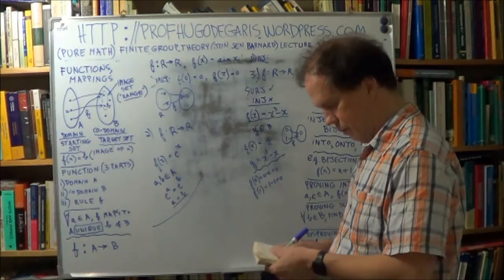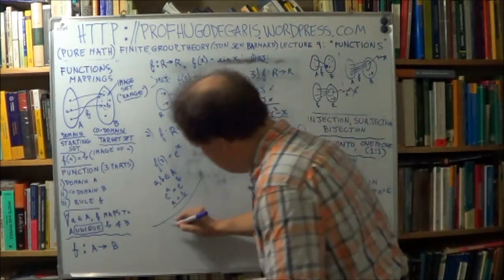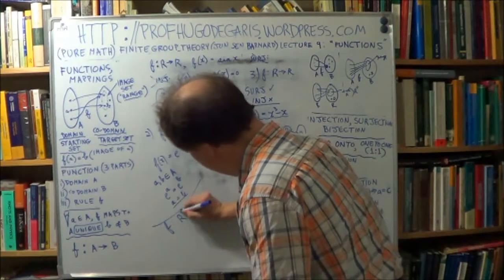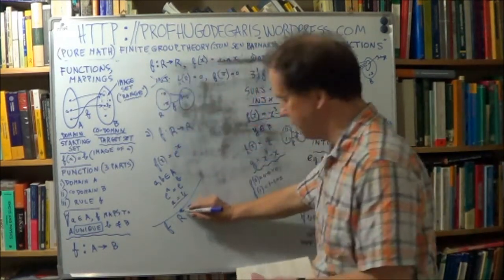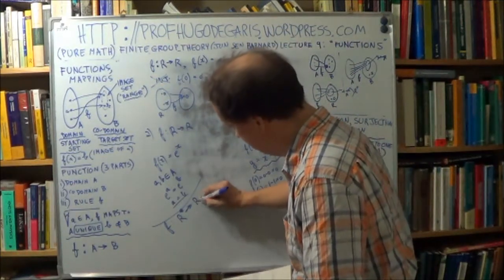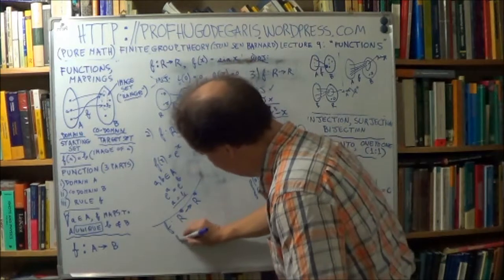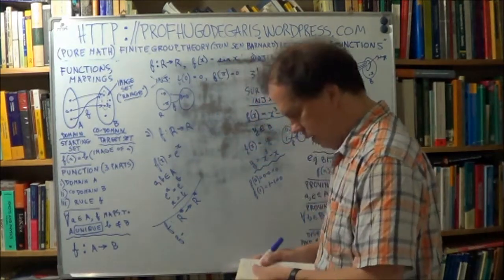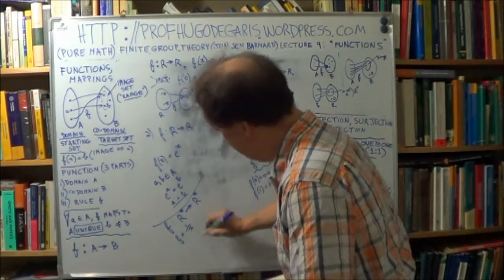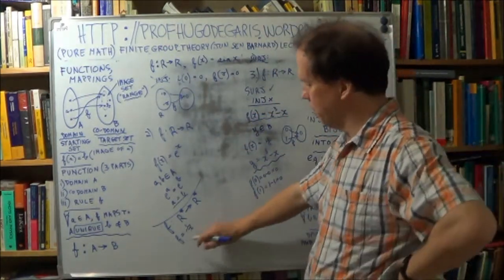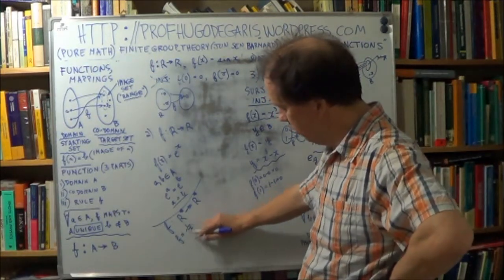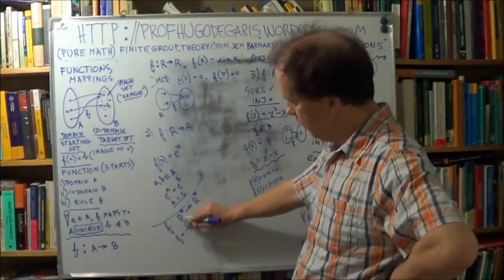That's the fourth. Your function maps the non-zero reals, that's R with a star, you throw out the 0, to the non-zero reals, and your function is 1 over x. Okay. Now, if x is 0, that would be a problem, but in this case it's not, because you're not allowed to have 0 in R star.